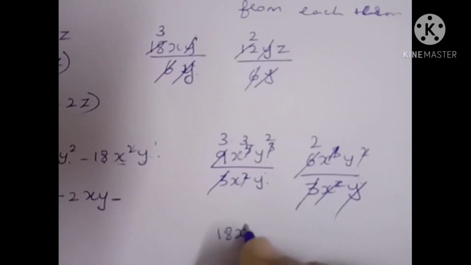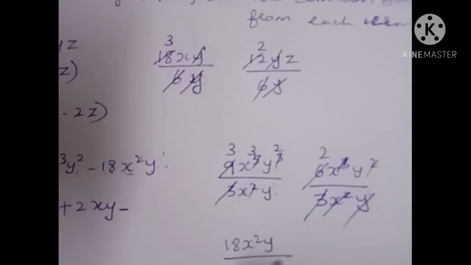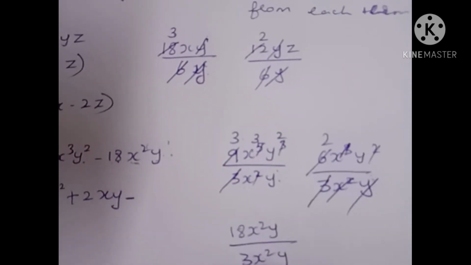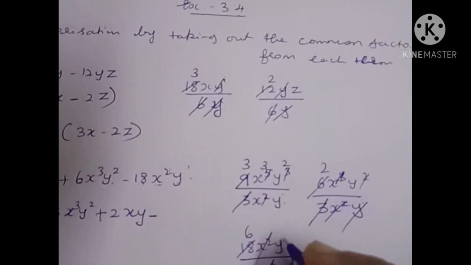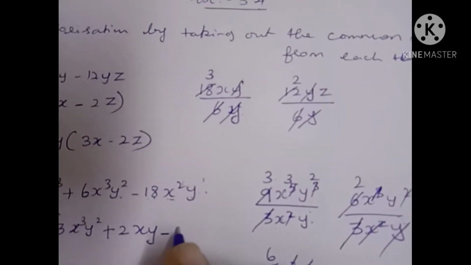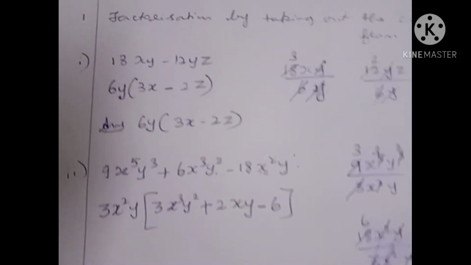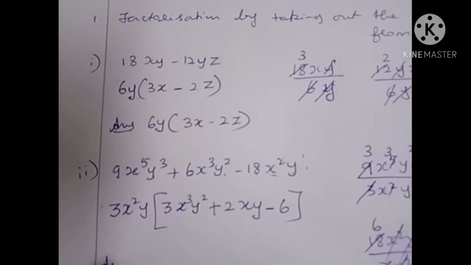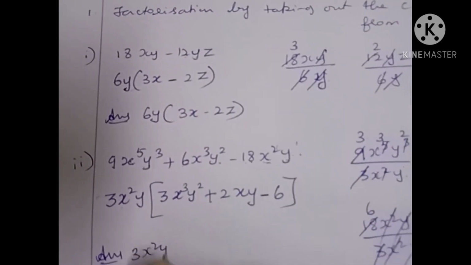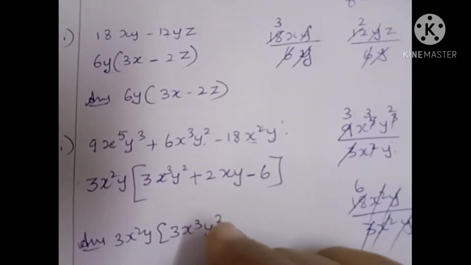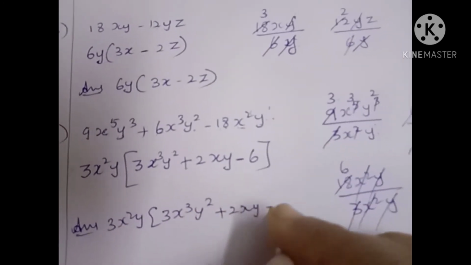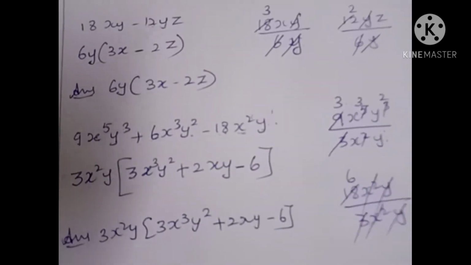Then 18x square y by 3x square y. In 3 table 6 times, x square cancels, y and y cancel. Therefore the answer is 6. So your answer is 3x square y into 3x cube y square plus 2xy minus 6.